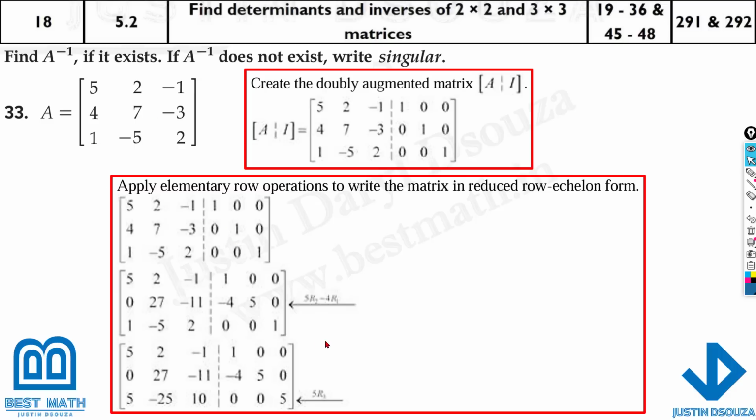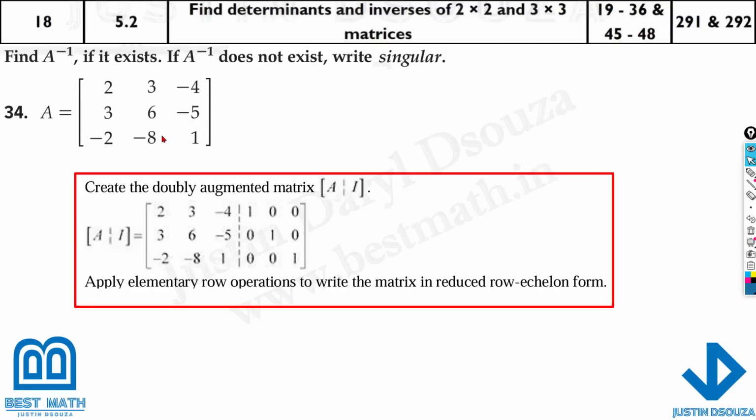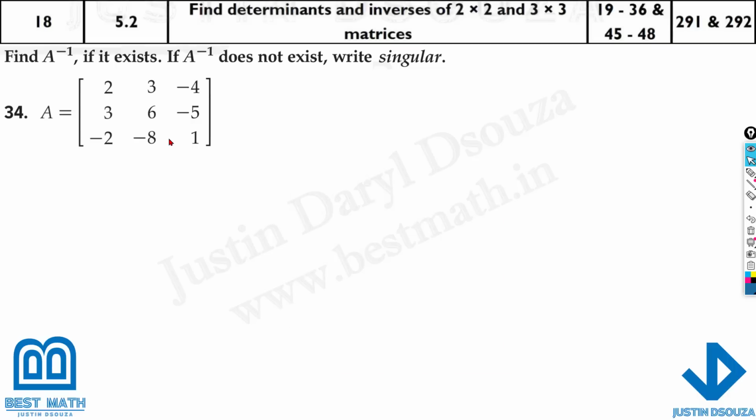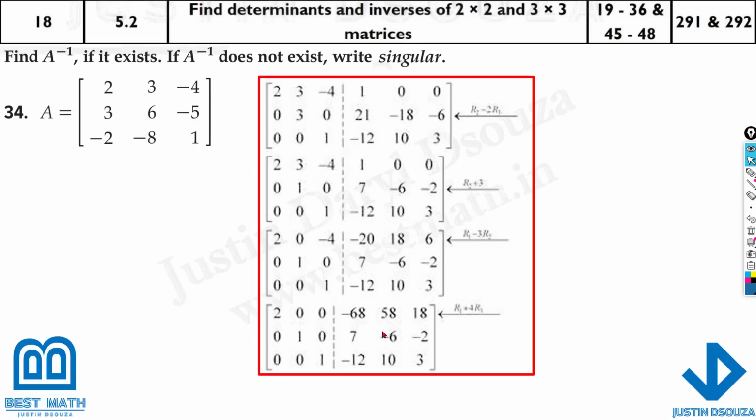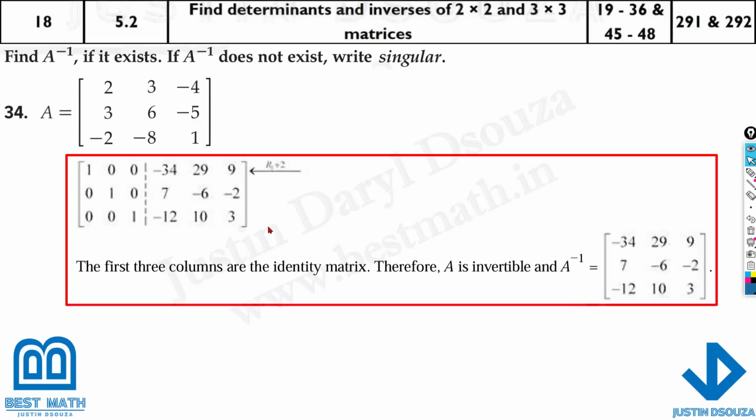You can see here, again the row transformation is done. It's again singular. If you do the determinant, it will be 0. You can check in calculator as well. So here now, okay, this has the answer. This is the answer. Sorry, I had to see the previous one. See over here, left side, when you transform it to identity matrix, whatever is the right side is the answer. Okay, so that is the inverse matrix.